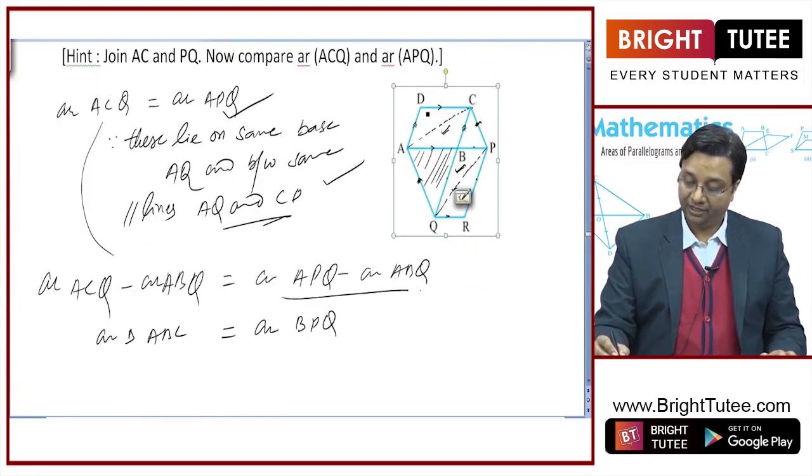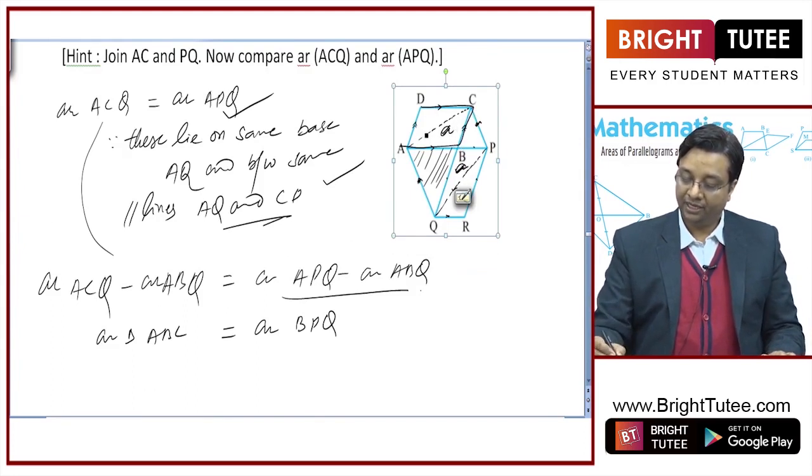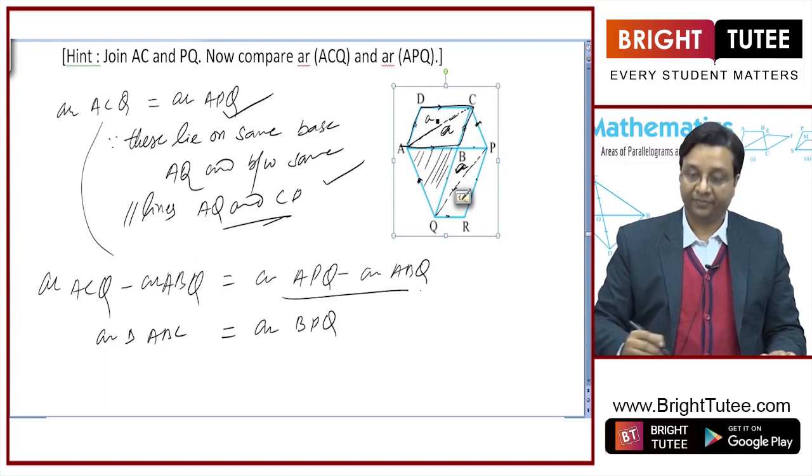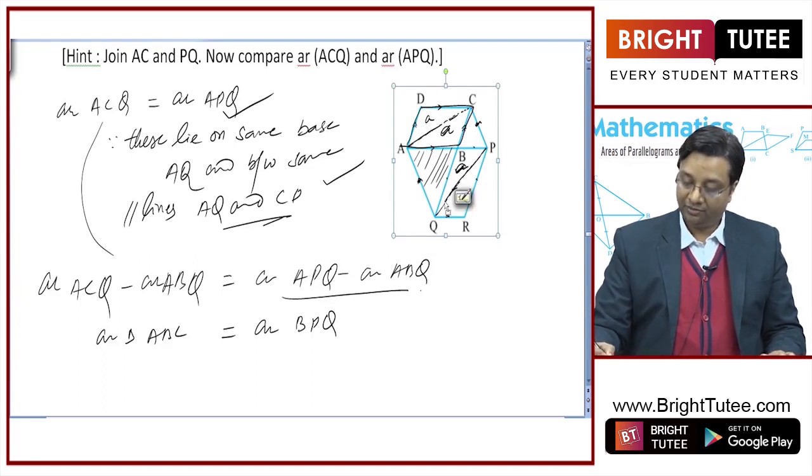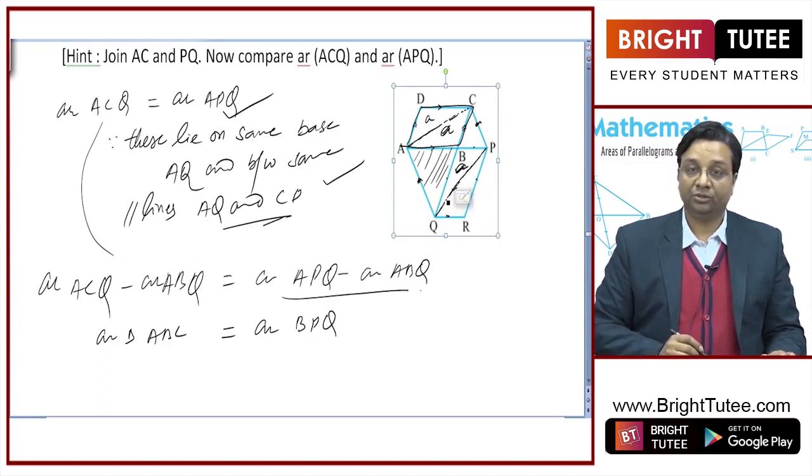Now you see, this is a parallelogram. Let me denote it by A. This area is A, this area is also A. This is a parallelogram ABCD. So diagonal AC divides it into two equal areas. So this is also A. Similarly, this is a diagonal for parallelogram PRQB.